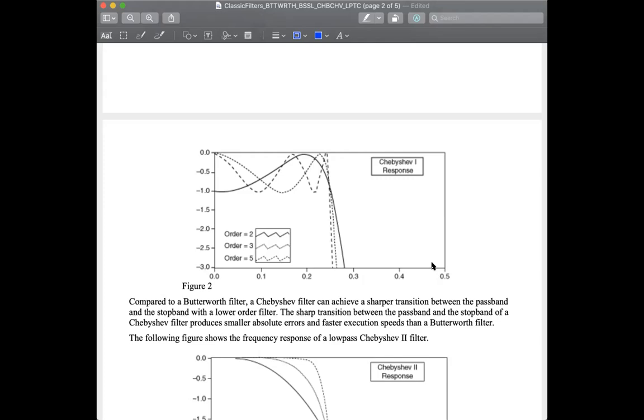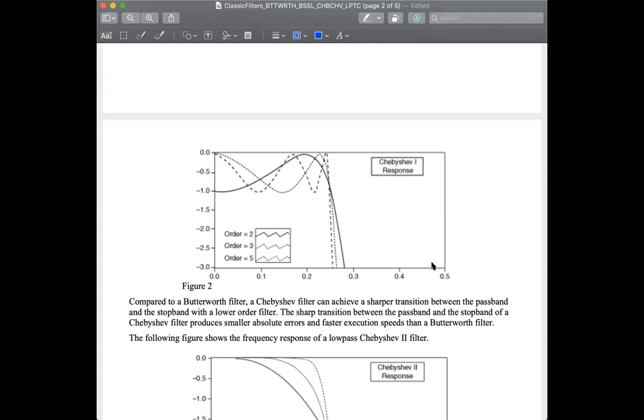Chebychev, Butterworth, these are all mathematicians. They come up with polynomials that change the characteristic. Butterworth polynomial, Chebychev polynomial, or elliptic polynomial, they are going to be different. They have different numerator divided by denominator polynomials.